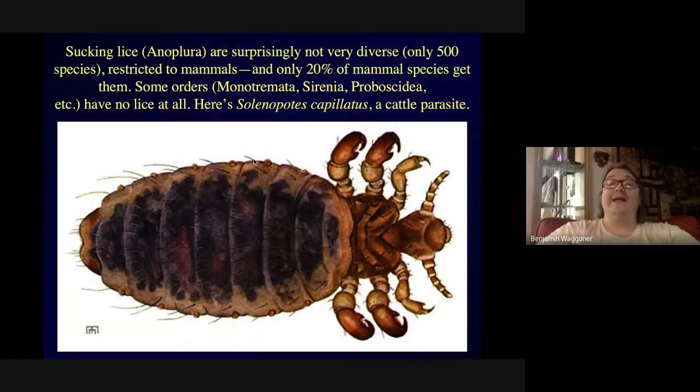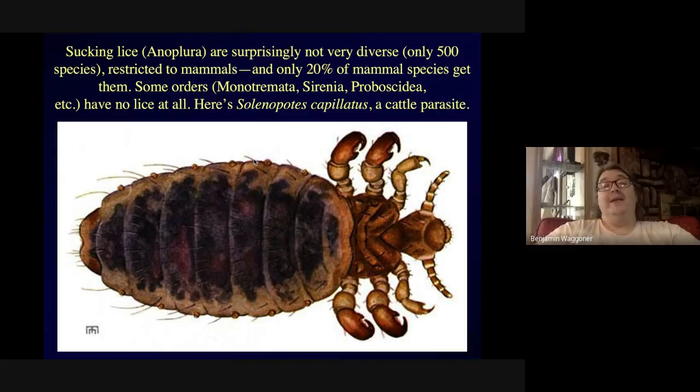Platypus don't get lice. Good for them. Sirenia is the manatees. They don't have lice. Neither do whales. You might expect that because manatees and whales are both marine, spend a lot of time in cold ocean, so it's probably not a very good habitat for lice. Proboscidea don't have sucking lice at all, although they've got another type of lice.